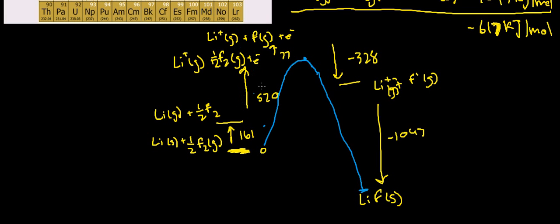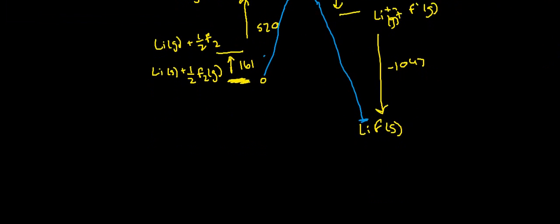So this was the rate limiting step, but still, if I only had 520 and it was a solid still, then it still wouldn't be enough for this reaction to go, because I would still need more energy to break the fluorine bonds, and I would need more energy to turn lithium from a solid to a gas. I thought I mixed these up here for a second, but no, I didn't. But this is basically what's going on.